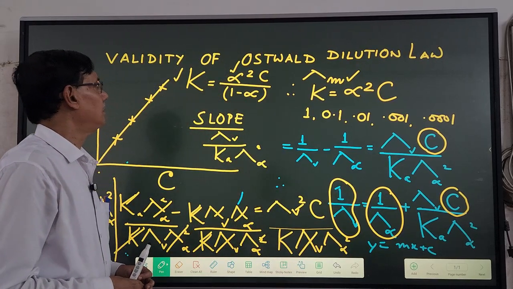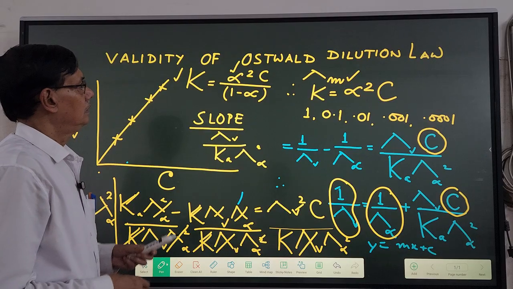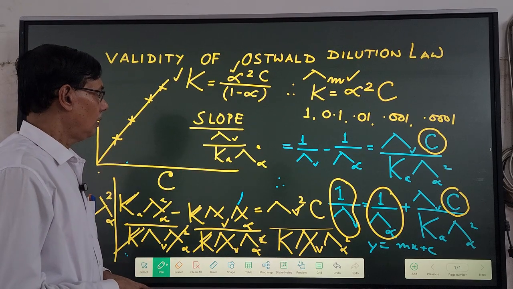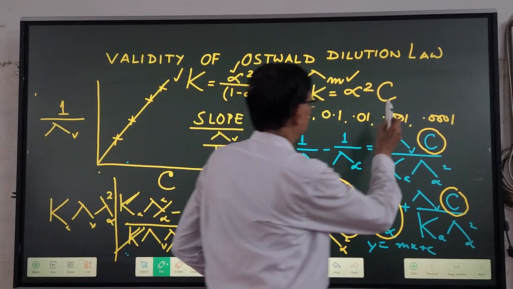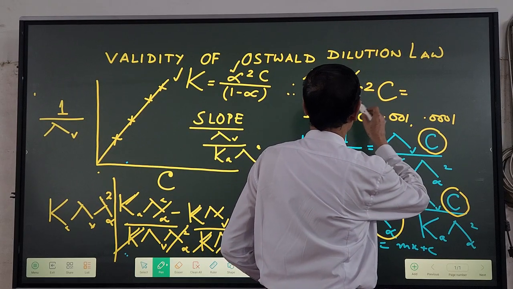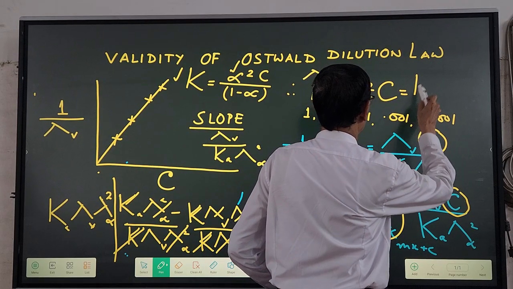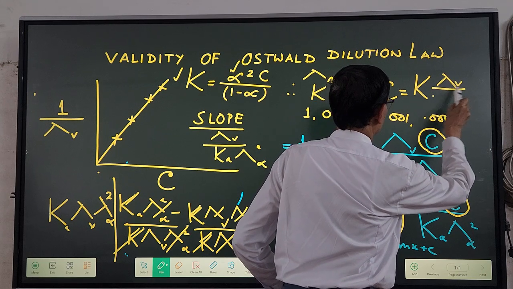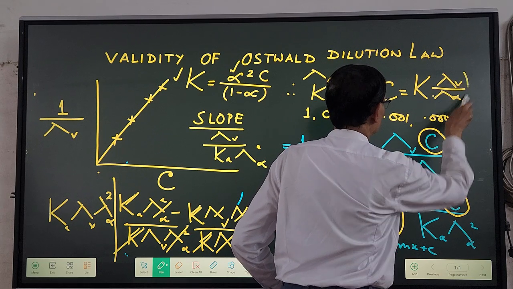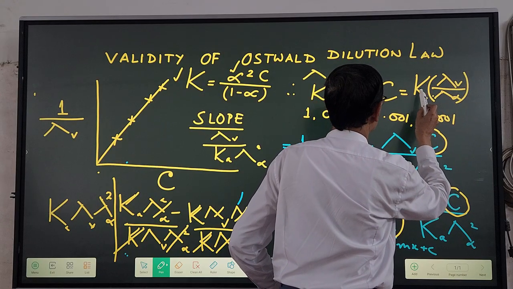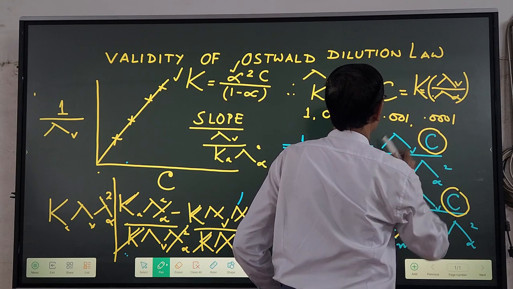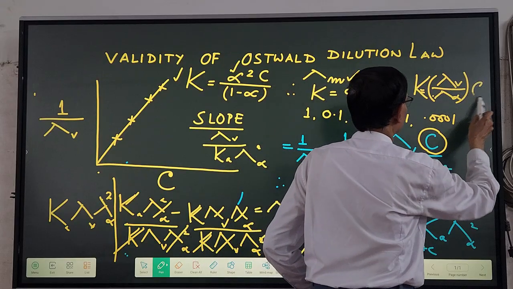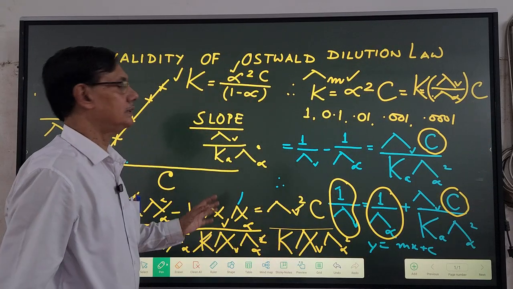So this is the simplest method for the validity of the Ostwald dilution law. Or even you can directly write this value of K in the lambda infinity square, K is equal to, of course, C. So by that method also you can calculate these things.